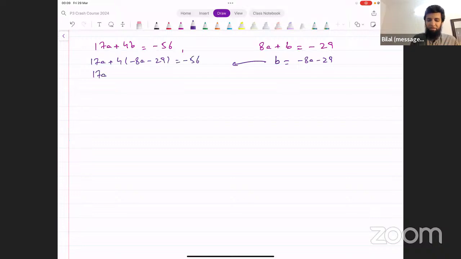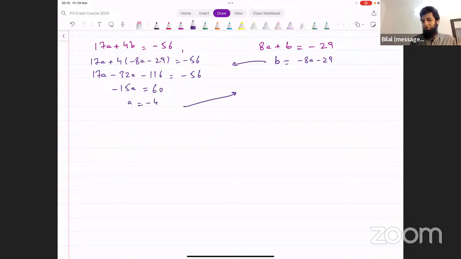And you have 17a minus 32a minus, okay, let's do the calculator for this. That's 116 equals minus 56. And that gives us minus 15 times a equals 60. And the value of a turns out to be minus 4.